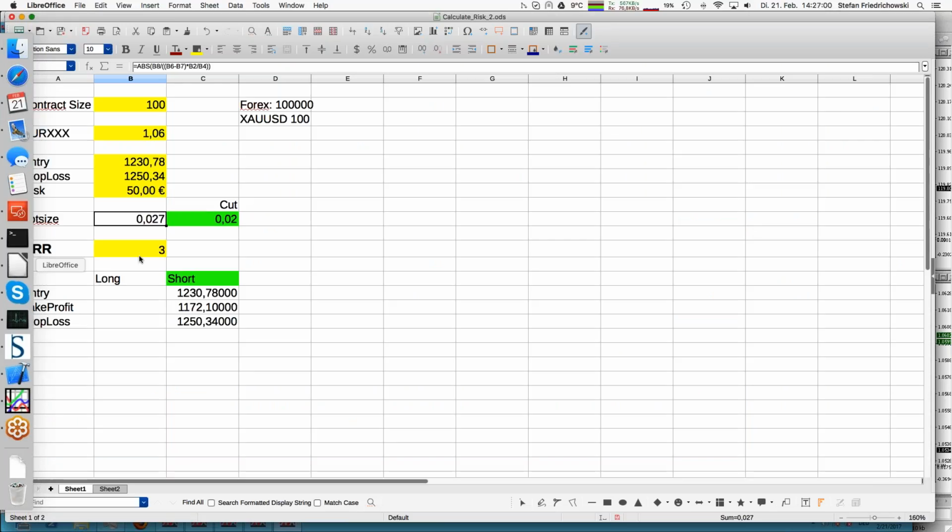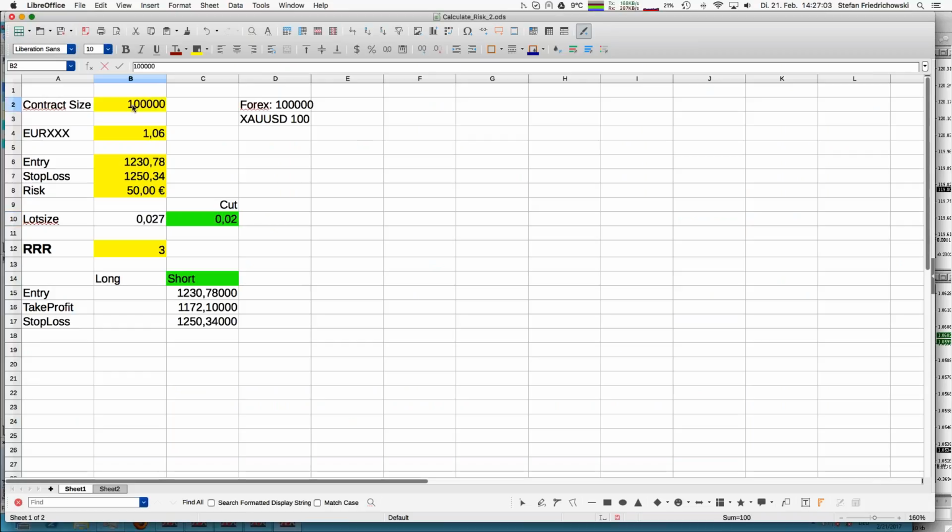So let's go back to our Excel sheet. Contract size is 1000 and entry is 1.07016 and stop loss is 1.08618. And you can see the calculation is done here, once again, with a risk-reward ratio of 3.